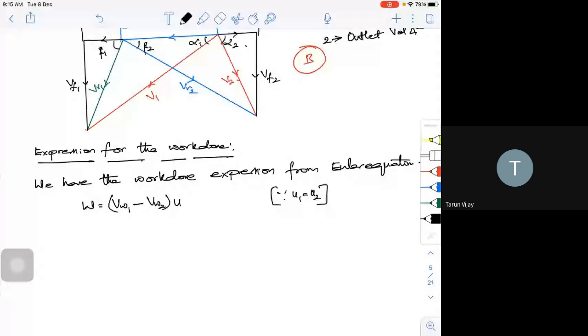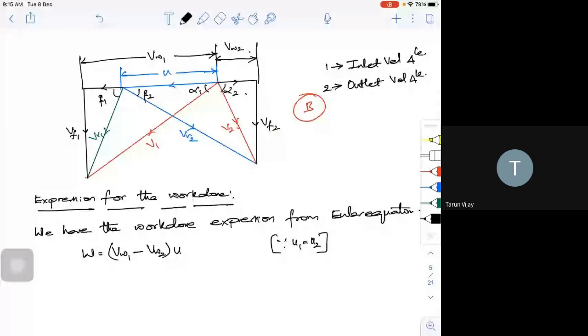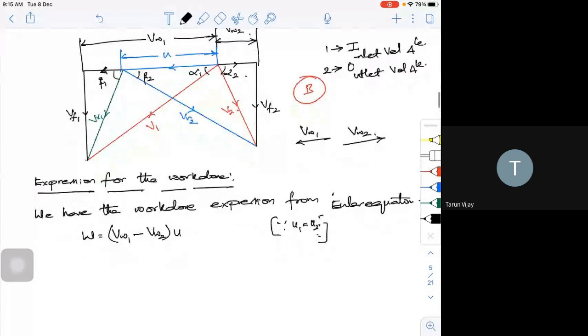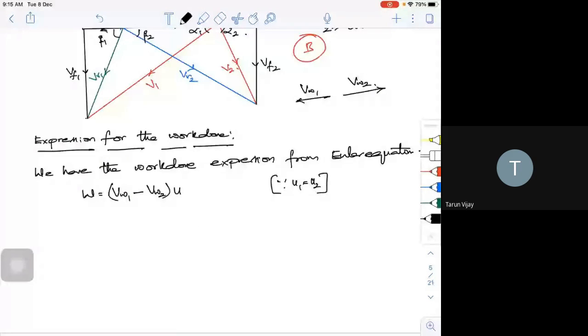Now, look at it here. VW1 is in which direction? This is the direction for your VW1. Now, what is the direction of your VW2? Your VW2 is in this direction. So as VW1 and VW2 are in opposite directions, this quantity will become minus of minus.